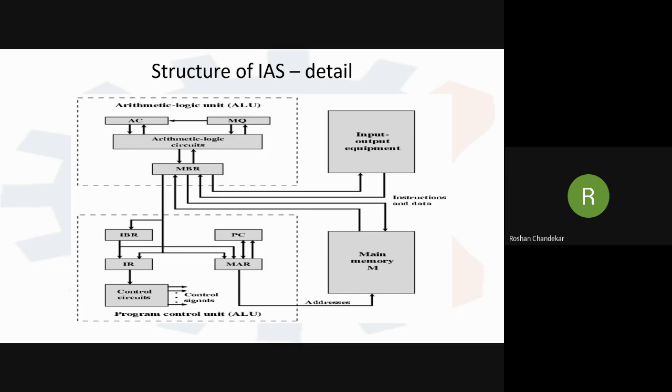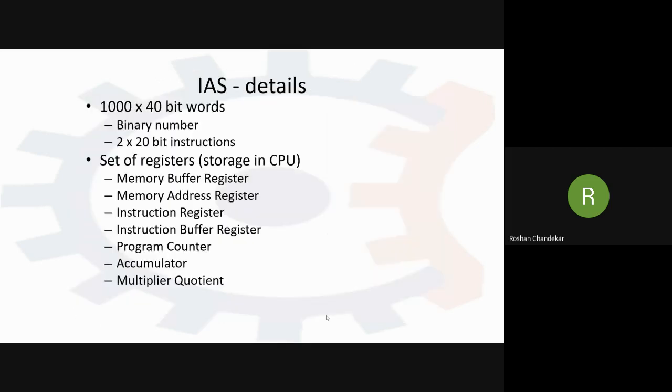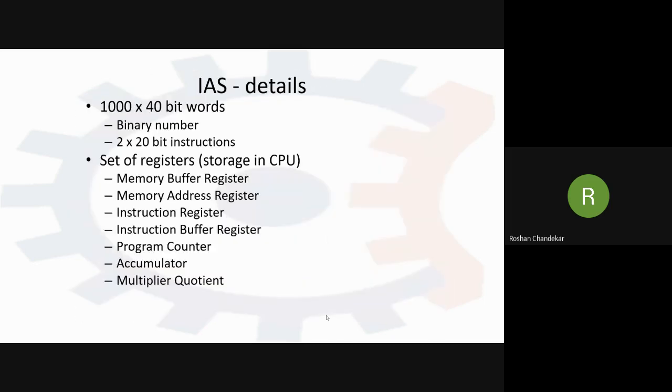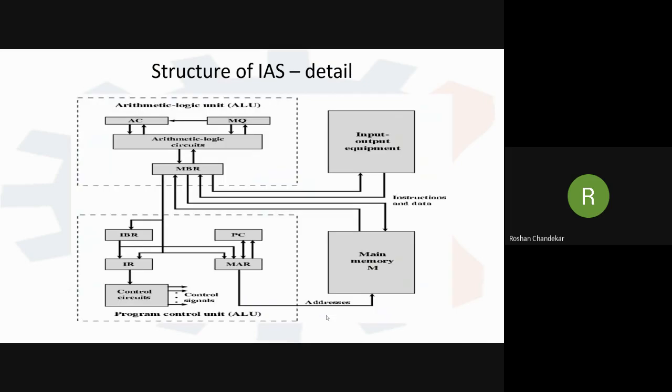In the ALU we have the AC, which stands for accumulator, the MQ, which stands for multiplier quotient, and the MBR, which stands for memory buffer register, in our arithmetic logic unit.